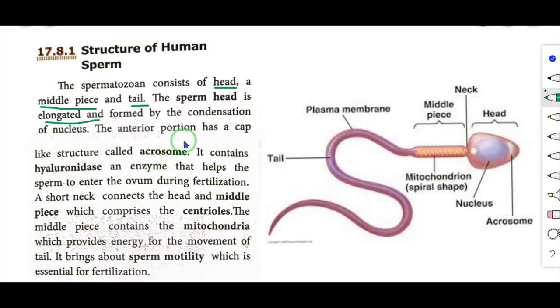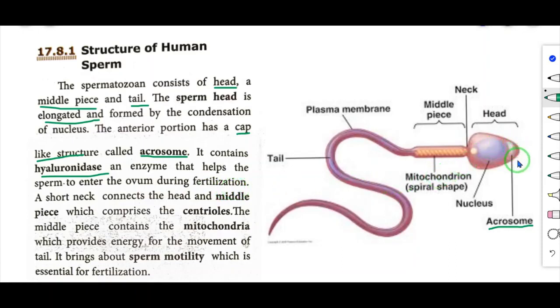The anterior portion has a cap-like structure called the acrosome. It contains the hyaluronidase enzyme that helps the sperm to enter the ovum during fertilization.